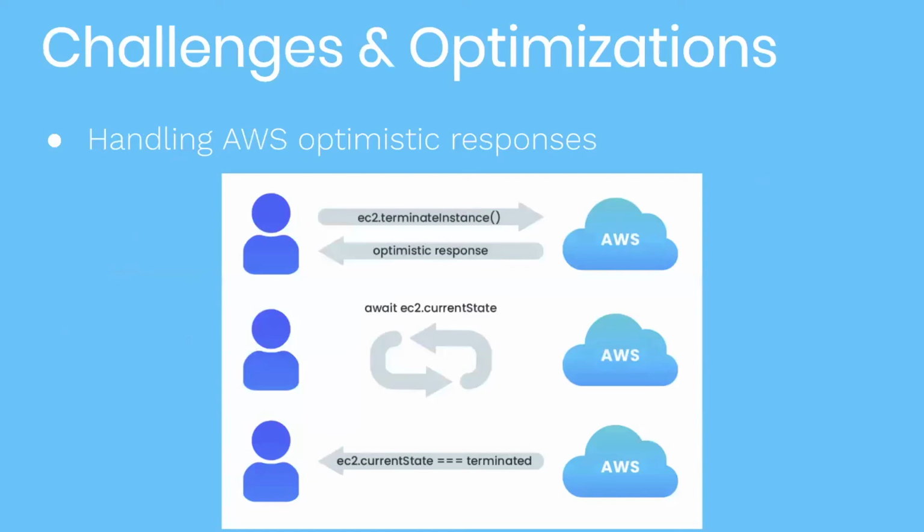So to overcome this, we implement some basic while looping that continually checks the status code on that piece until it's in the appropriate state to continue our execution. This diagram illustrates how we handled that with the termination of an EC2 instance. We needed to make sure that the instance was completely stopped before we were able to delete the associated security group.